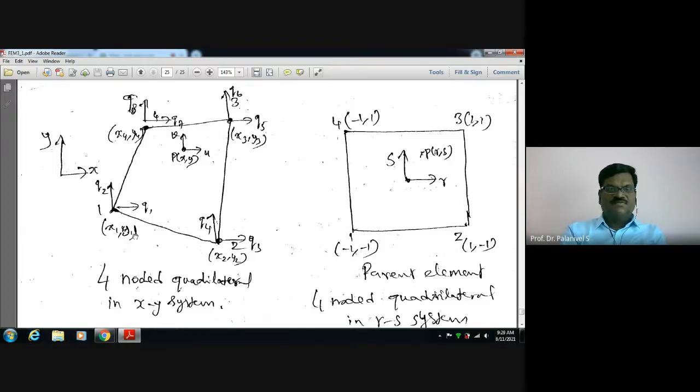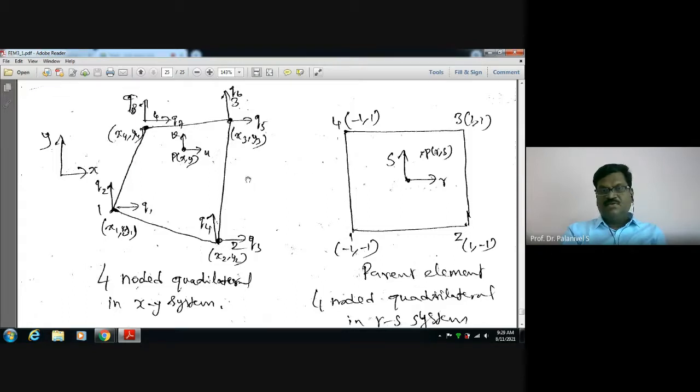Its Cartesian coordinates are x1, y1, x2, y2, x3, y3, and an interior point P. Here he used U and V to represent the nodal degrees of freedom of the interior node. P has coordinates x, y. It is called a four-noded quadrilateral in the XY system.